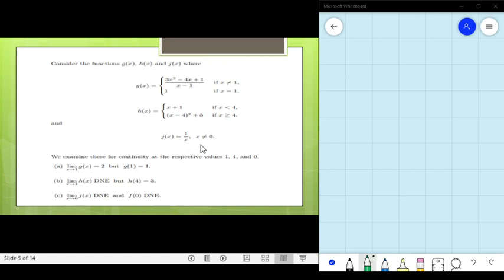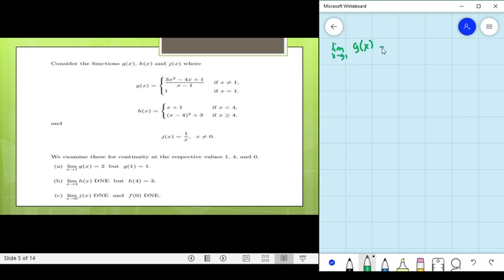Okay, so investigating the limit of g of x as x approaches 1. Notice that g of x is similar to 3x squared minus 4x plus 1 all over x minus 1 as x approaches 1, in which the numerator can be factored.